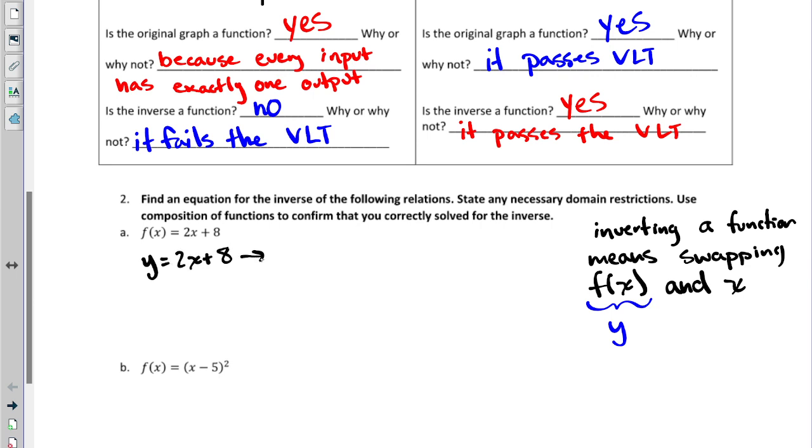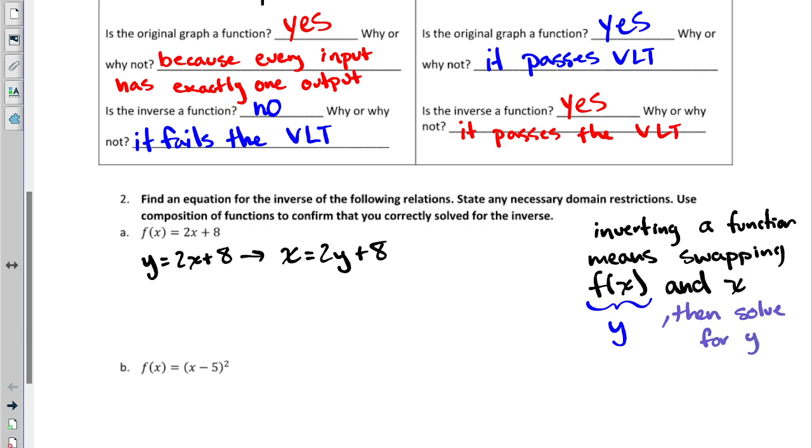And then we're going to invert it. So I'm going to swap y with x, meaning this is going to become x equals 2y plus 8. Now, in order to figure out what the inverse actually is, we still need to solve for y. So we're going to invert the function, swap x and y, then solve for y.